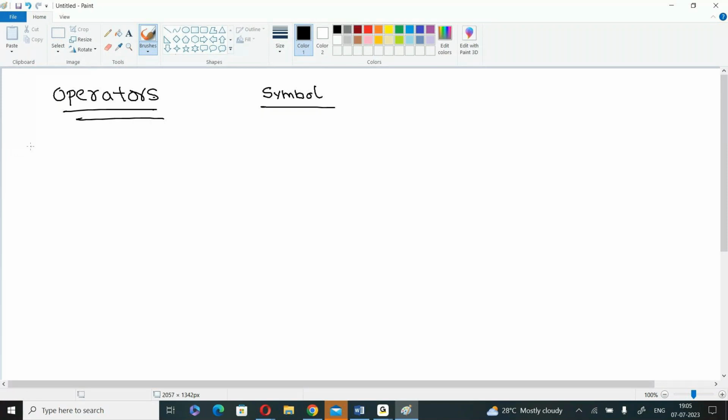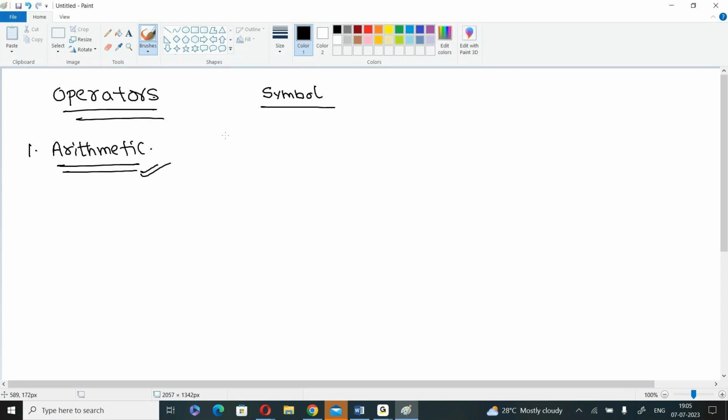We have different types of operators. First one is the arithmetic operator. I will move one by one with programs also. From today onwards, we will discuss each and everything with programs. Arithmetic means our regular mathematical calculations.